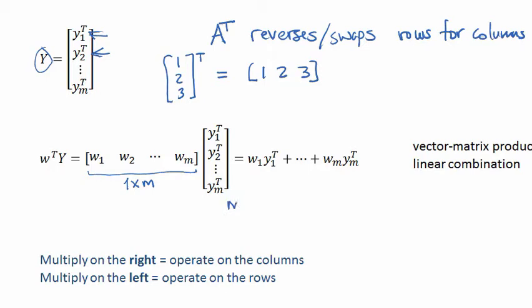And let's say Y is m by n, we know it has m rows and n columns. Well, then again, in block form, this looks like an inner product, and we have w1 y1 transpose plus w2 y2 transpose, and so on all the way through, adding them together. Now I'm taking a scalar times a row plus a scalar times another row, and so on. It's a linear combination of rows.